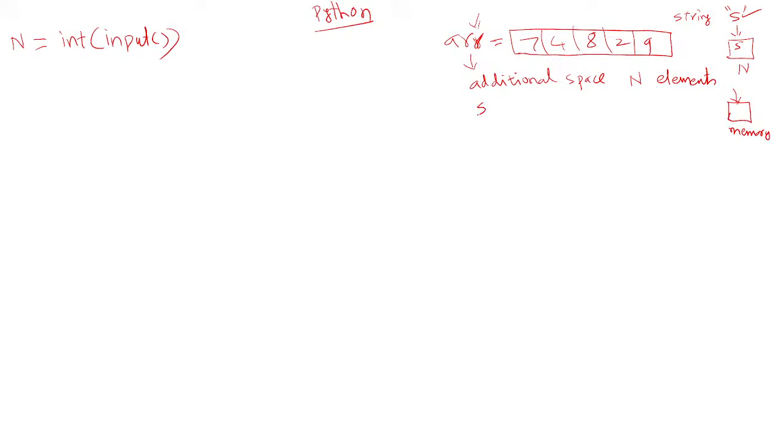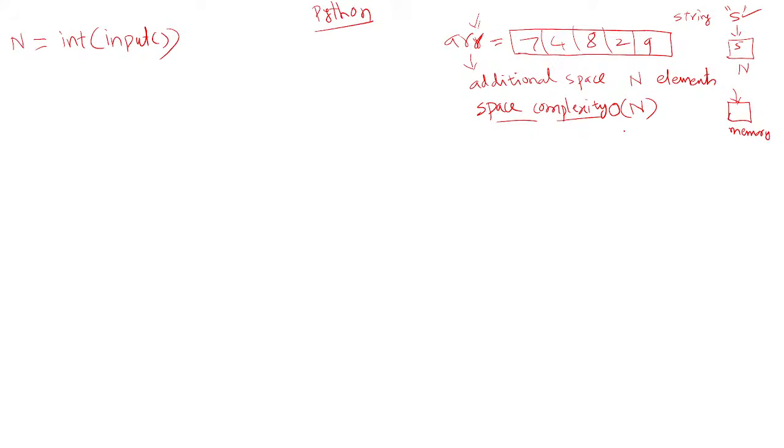The space complexity of your program becomes order of n here. Order of n is also no problem, but if they haven't provided any additional space, then it becomes a problem. You should keep this in mind.